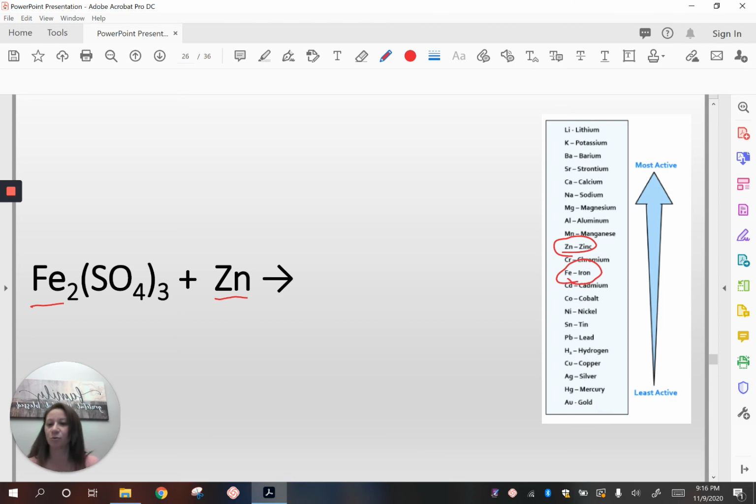So that means a reaction will occur. So the zinc will come in, kick out the iron. So the iron is now by itself. And then we're going to form a compound between zinc and sulfate. So ZnSO4. And then to balance it, we need 3 of these, 2 of these, and 3 of the zincs.